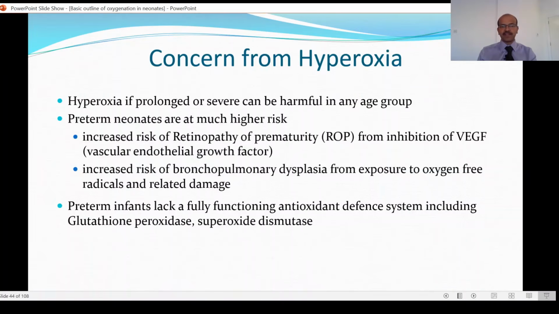One of the underlying factors is obviously the immaturity of the retina in terms of ROP, the immaturity of the lung, and a higher need for respiratory support and oxygen in terms of the lung disease. And this also is related to the fact that the preterm infants lack a fully functioning antioxidant defense system, including glutathione peroxidase and superoxide dismutase, and they are more exposed to other aspects which can worsen this defense.